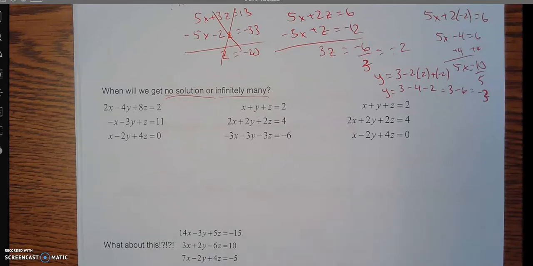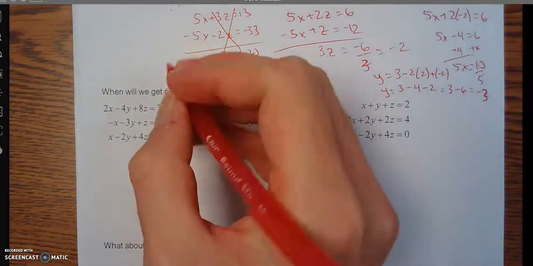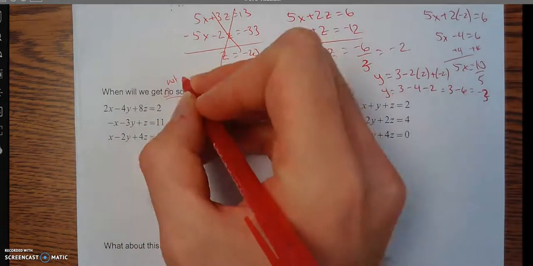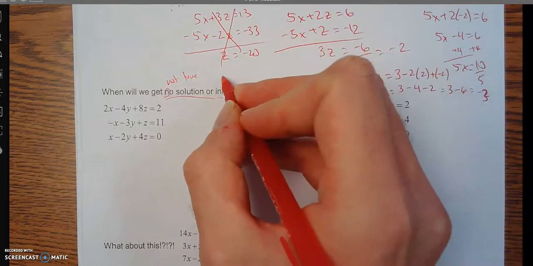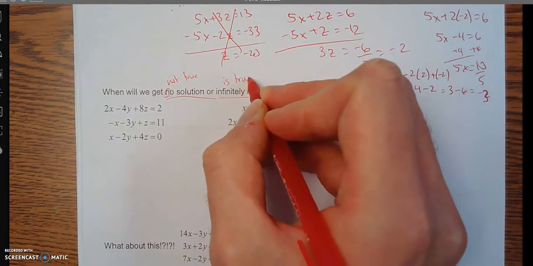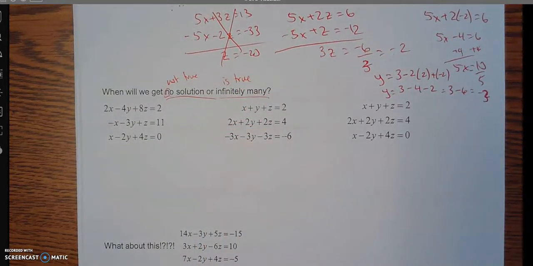And if it is true, like 0 equals 0, 1 equals 1, 2 equals 2, it's infinitely many. That's my silly way of remembering it: n means that statement is not true, and infinitely many is when it is true.